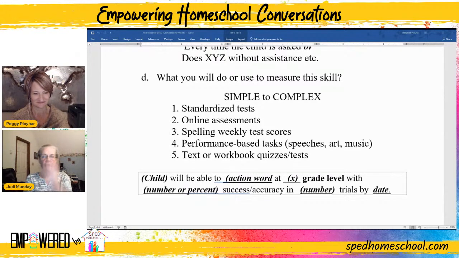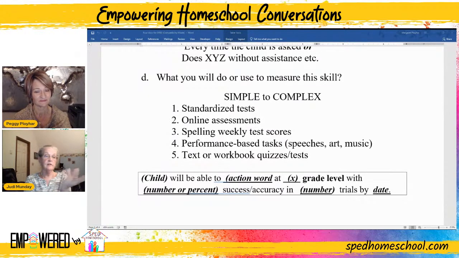So here I have this little kind of what I call a template, and it helps you to write your annual goals. My child will be able to, what's your action word? Write 5 sentences at a 5th grade level, or maybe I don't even want to use a grade level, with 80% success. And you can skip some of this.